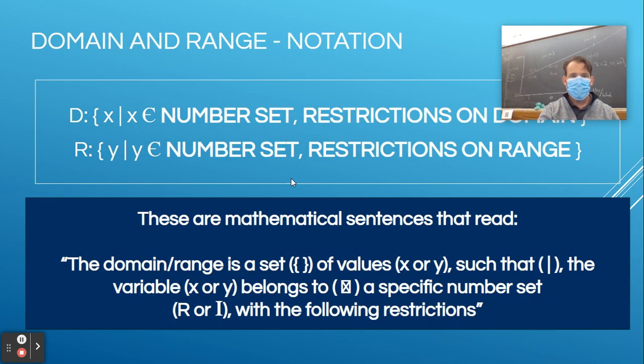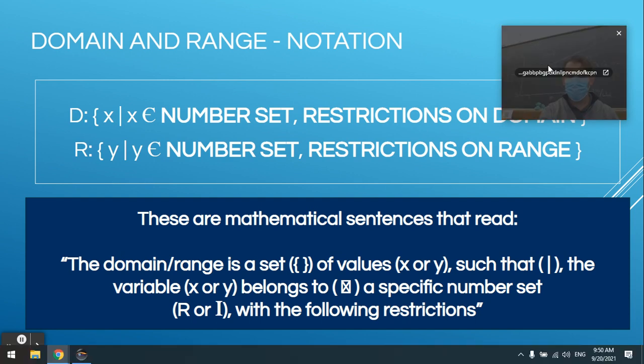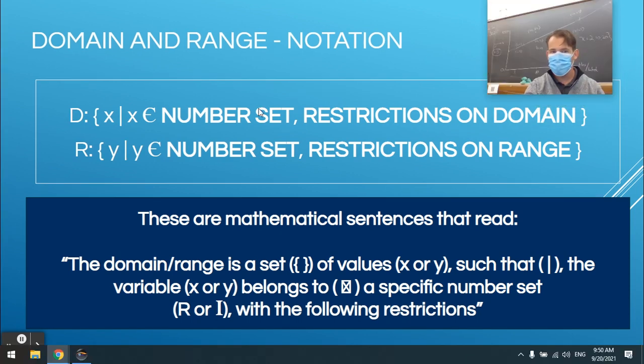All right. Now, when we're notating this, when we're writing it down, we use these conventions. You'll notice I've highlighted those there. We say the domain is x, so it's about the x values, and x is of the, and then we need to say what number set that x is of. So what are the number sets? Number sets, and then we also talk about restrictions on the domain here.